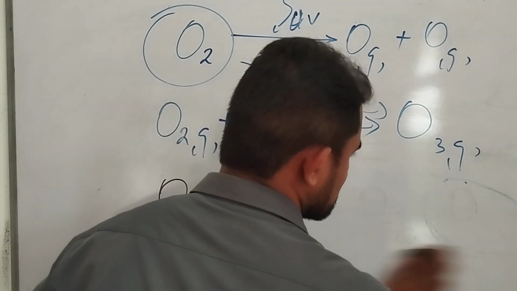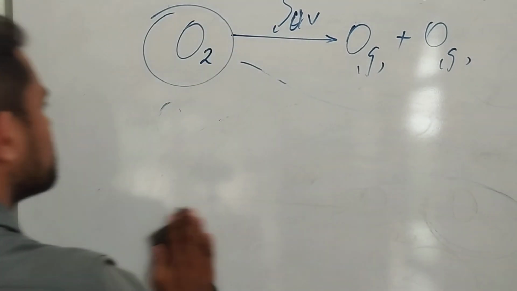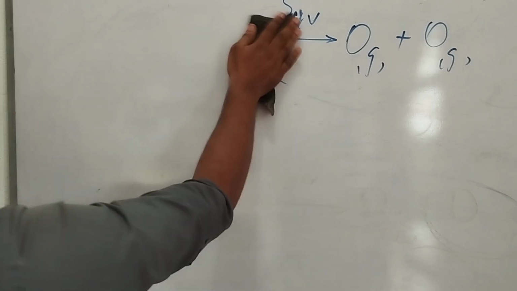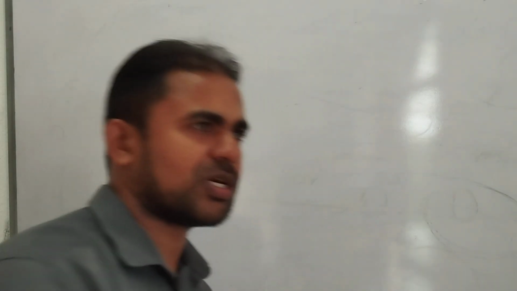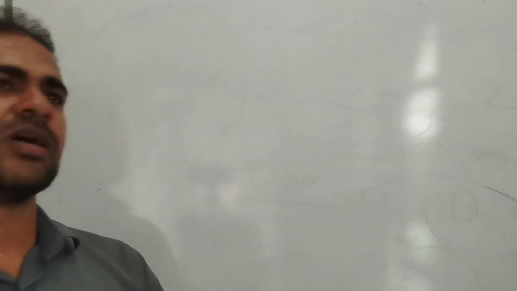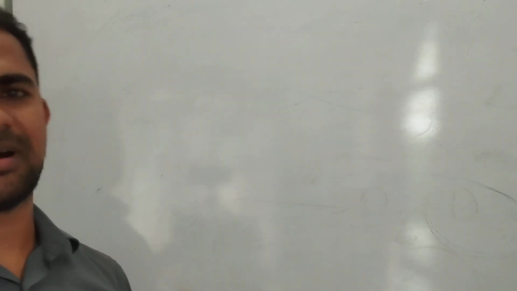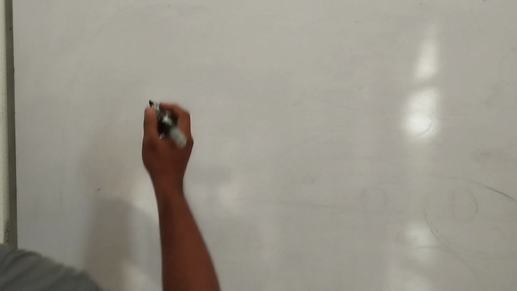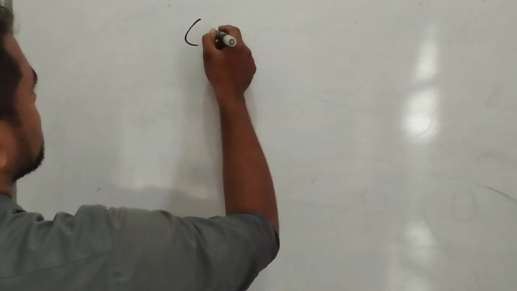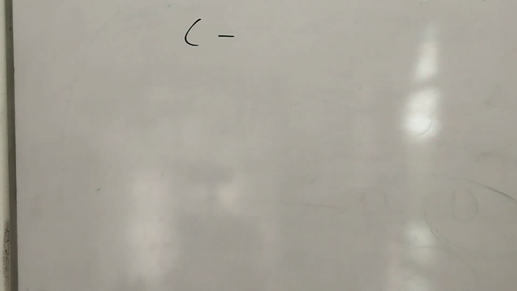Now you have understood there is an equilibrium between the O2 destruction and O3 destruction. O3 is produced from O2 as well as from O3. How does the ozone depletion occur? How is this equilibrium collapsed?